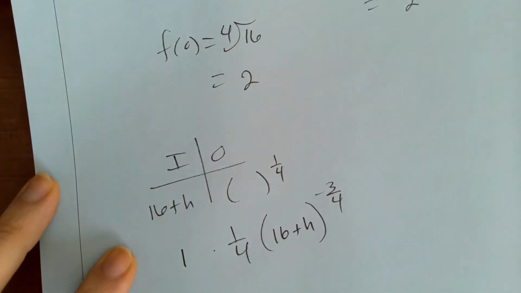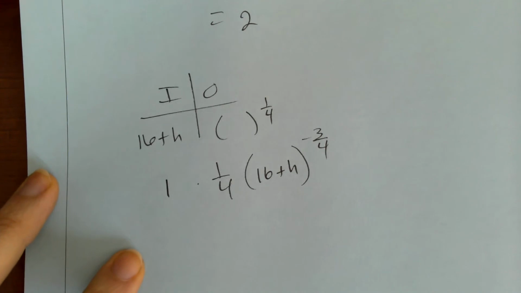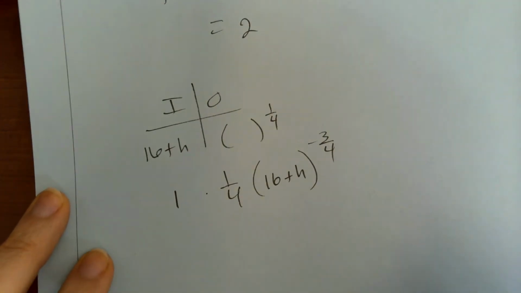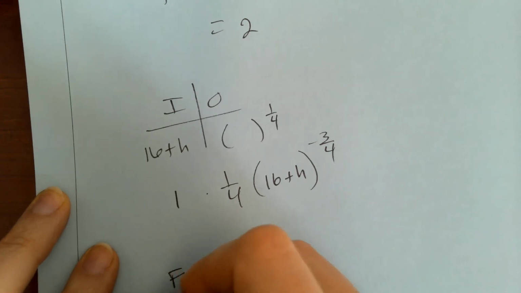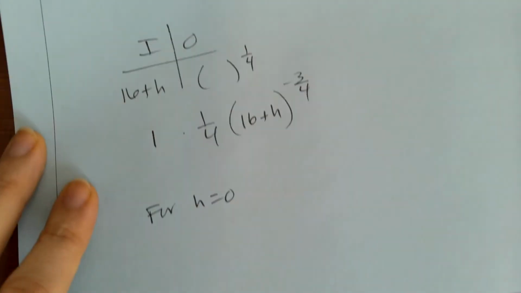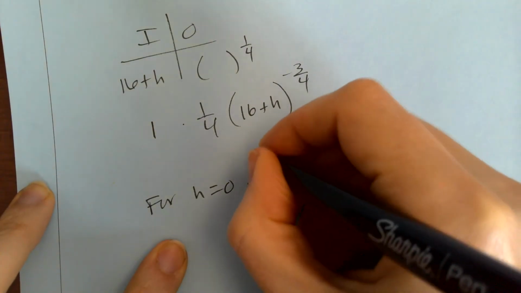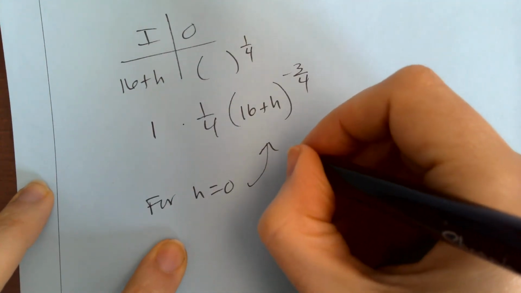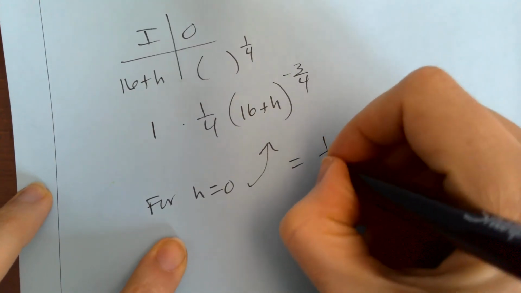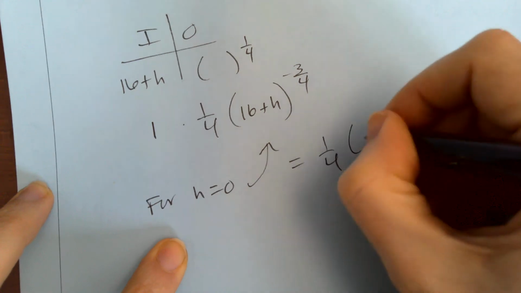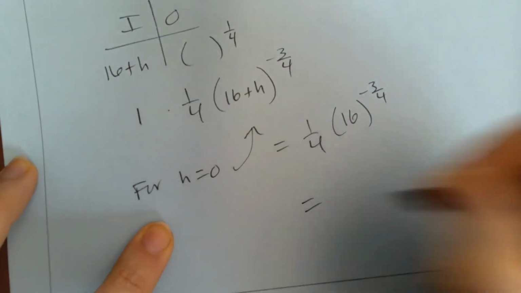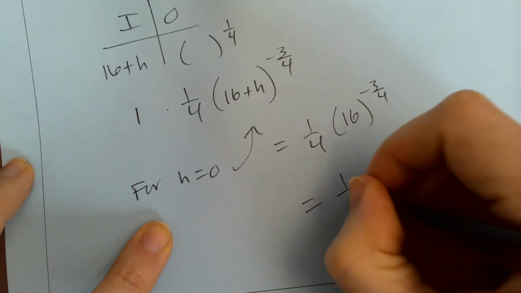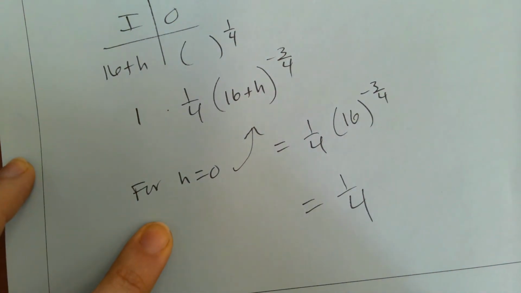And then 16 plus h goes back in. And then for h equals 0, this above thing equals a fourth, and then 16 to the negative 3/4. This is 1/4.